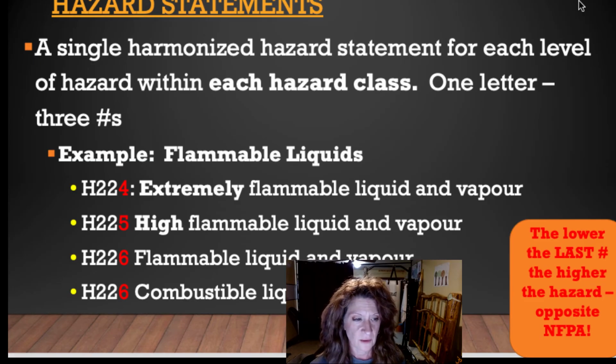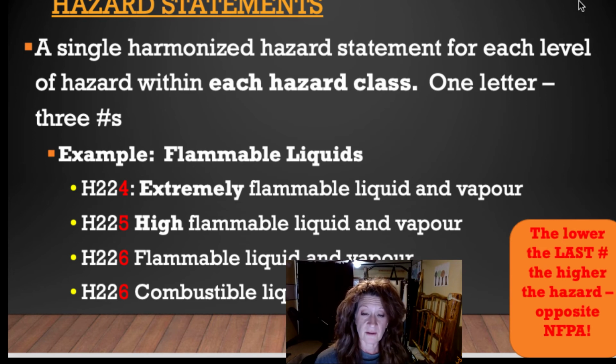So a couple of final words about the H codes. As the number gets higher, the hazard gets decreased. So as the number is lower, the hazard is higher. So you could see for flammable liquids, H code H224 is extremely flammable liquid or vapor, where an H code 6 is combustible.